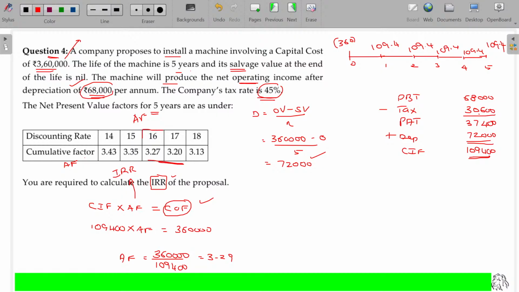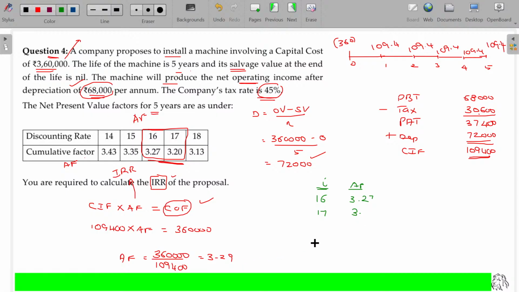The 3.29 is falling anywhere between these two numbers, 16 and 17. Okay, so now let's see by using the interpolation. So at 16 percent, my annuity factor being 3.27, making the rate of interest change to 17 percent. The annuity factor becomes 3.